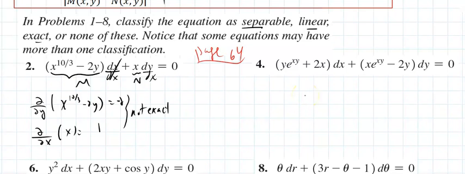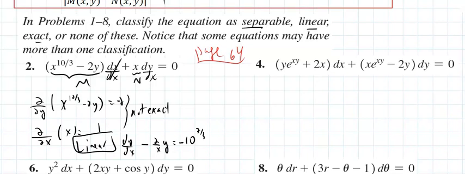I can see that this is linear because if I solve for dy/dx, dividing by x, that will be minus 2 over x times y equaling negative 10. If I divide by x, that's 7/3. So that is linear. So this is linear. It's not exact and it's not separable.